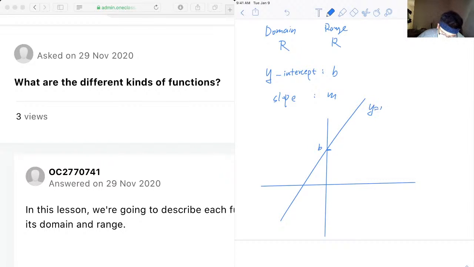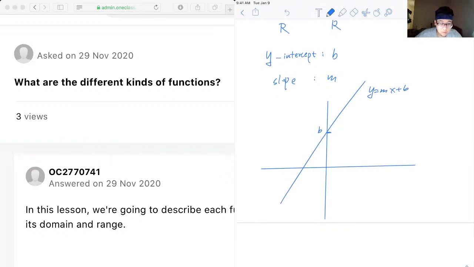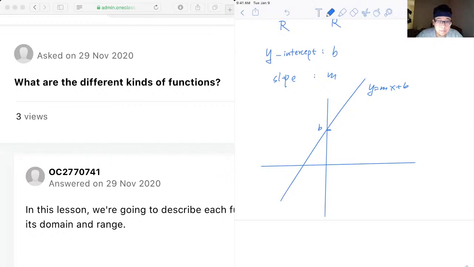That's y = mx + b. So I think we covered a lot in terms of the different functions.